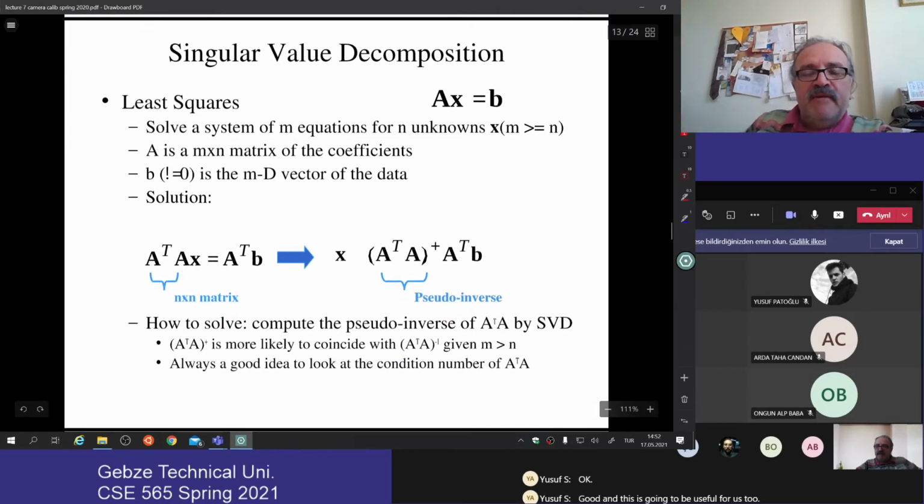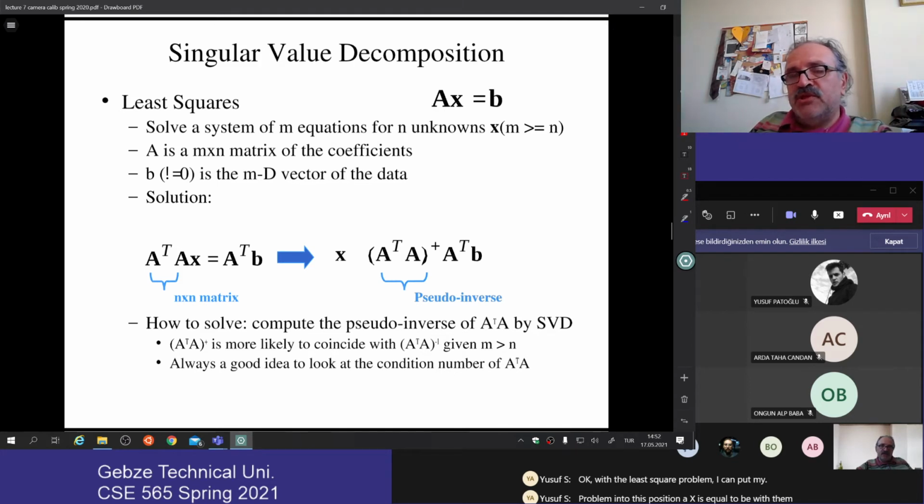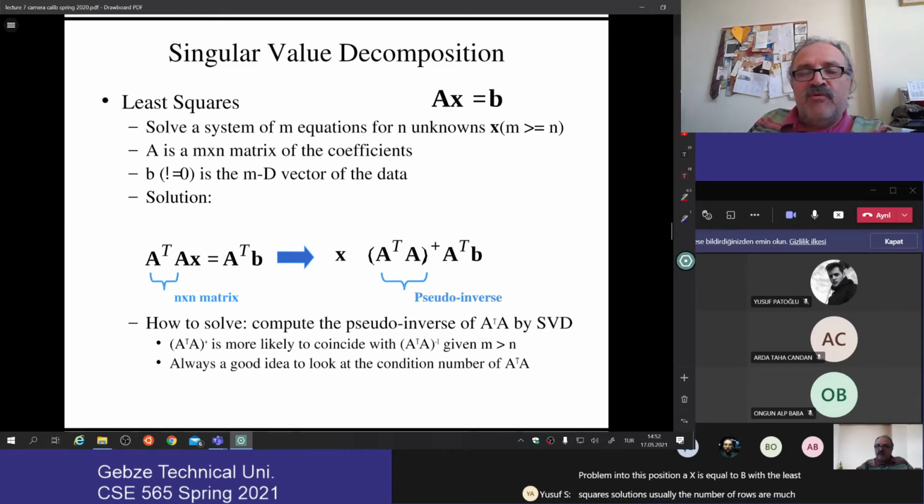And remember the least squares problems that we solved a lot. With the least squares problem, I can put my problem into this position: AX is equal to B. With the least squares solutions, usually the number of rows is much greater than the number of columns.